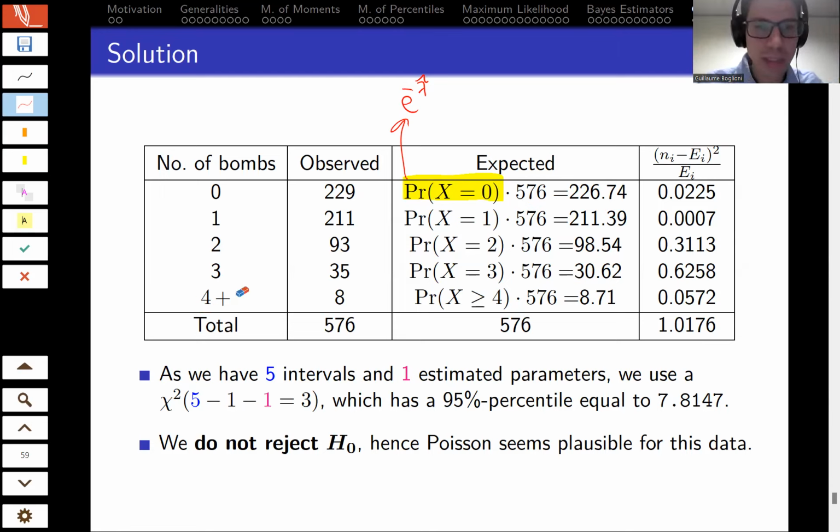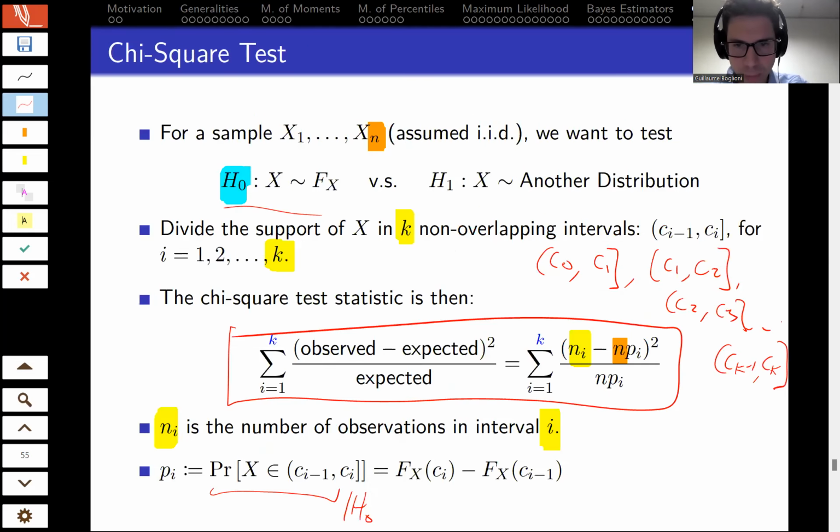Now you have your observed, how many you actually saw with your own eyes, and how many you expected, and you're ready to compute this part of the test statistic: observed minus expected, squared, divided by expected. You do this for all of them and sum them, because the test statistic is the sum of all those terms.